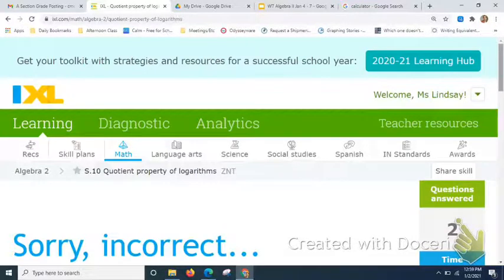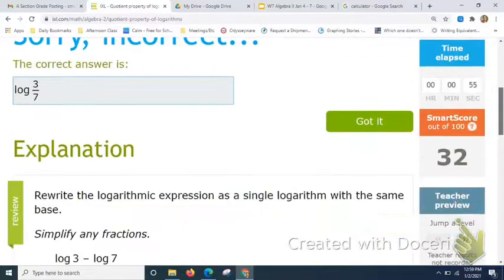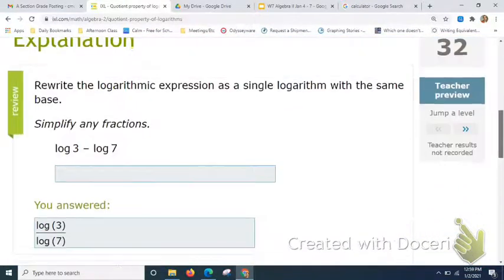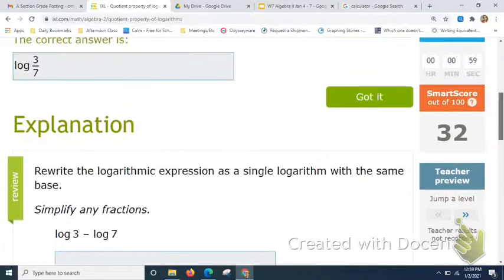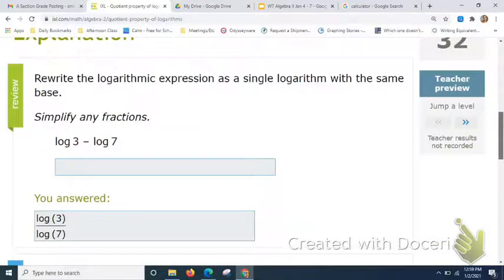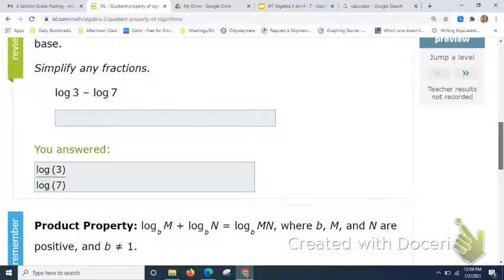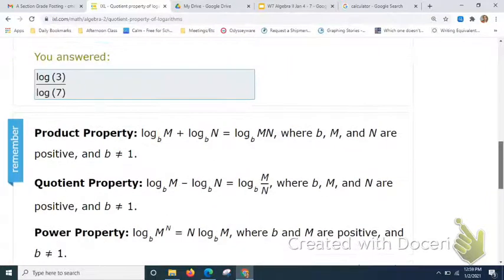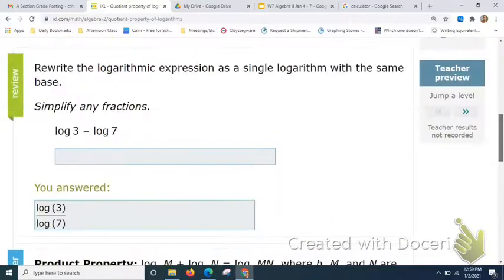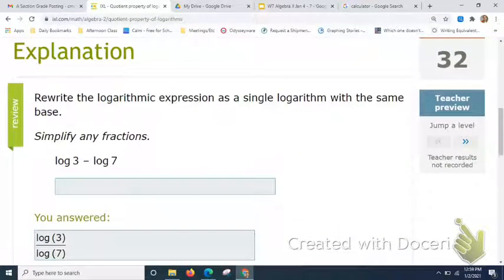Oh, let's see, what should I have done? Oh, I should have finished it and made it only one log. So single logarithm means only write it once. Not exactly sure what I was thinking there. They give me a whole bunch of other information. It does mean that, but I only want to write it with one log. Gotcha.